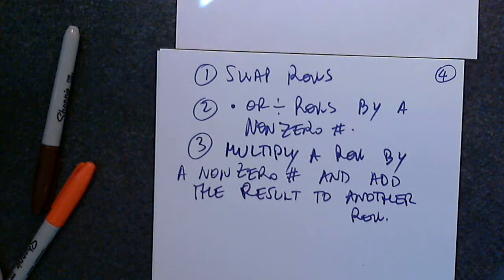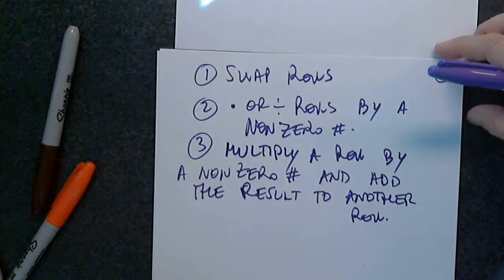Multiply a row by a non-zero number. The idea is to eliminate something, and add the result to another row.